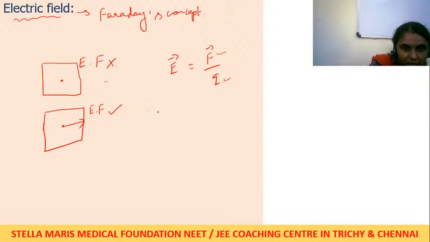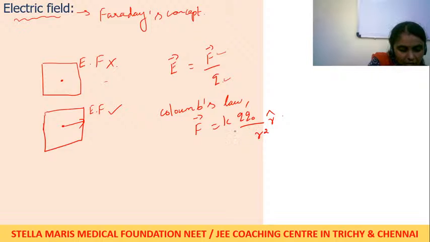We know that according to Coulomb's law, the force is F vector equal to k q q naught divided by r squared r cap. Instead of q1 q2 I have taken q and q naught.